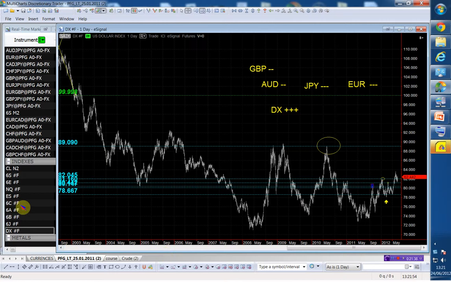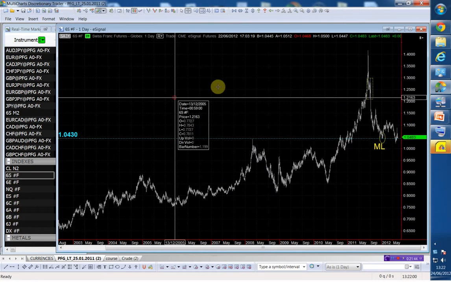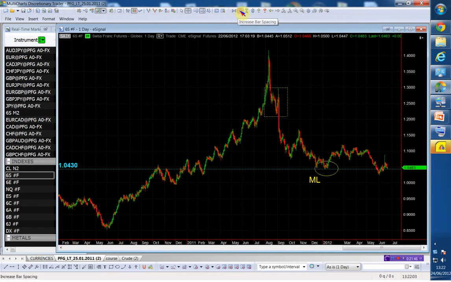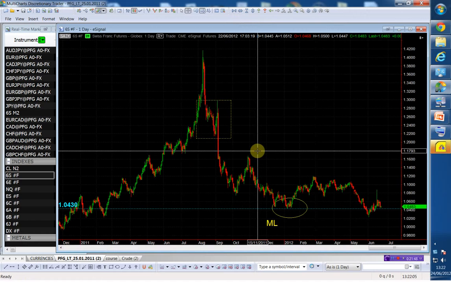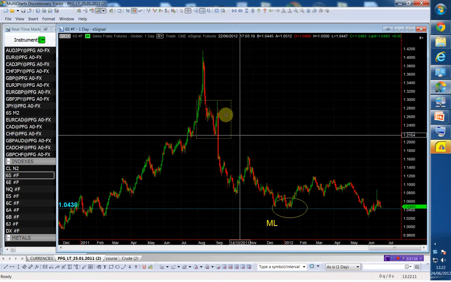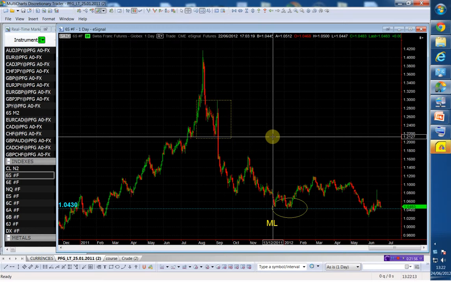The last 2 currencies we have is the Swiss franc, and this is a basket of currencies against the Swiss. And of course, as you can see from this chart, we are in a bear market with regards to the Swiss franc.